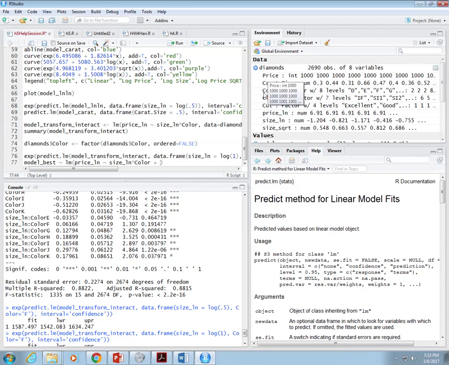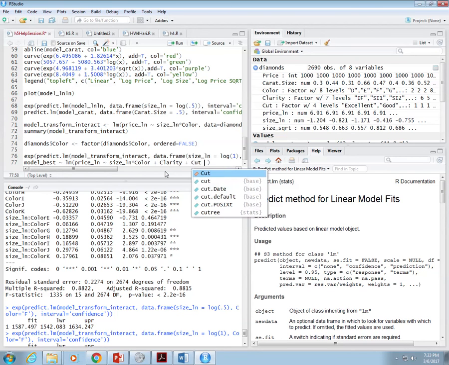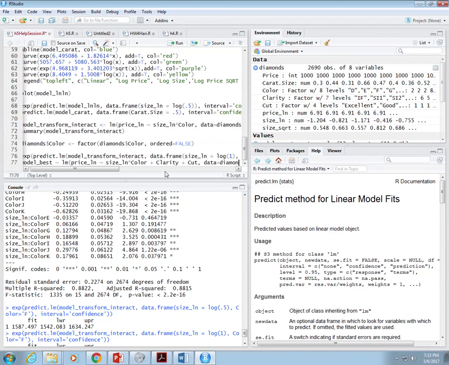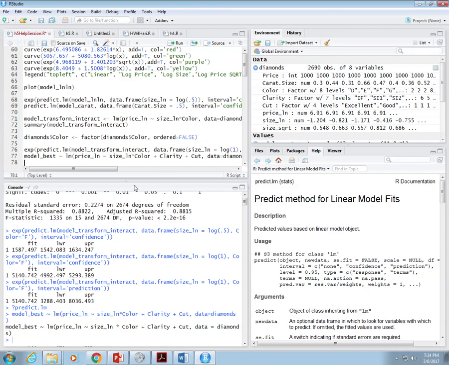Clarity, cut, that's capital clarity, cut, and we can try that out and see how we did.